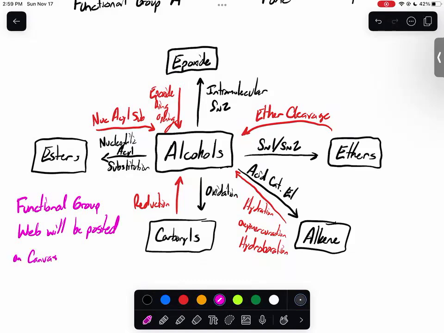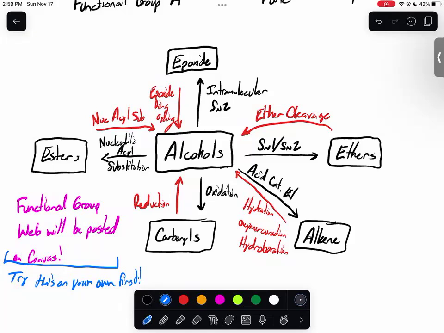And being able to understand this is really important. The one thing I will say about this statement right here is try this on your own. Don't immediately go and just look straight at the web, because if you try it on your own, you're going to start to see how these reactions actually interconvert with each other.